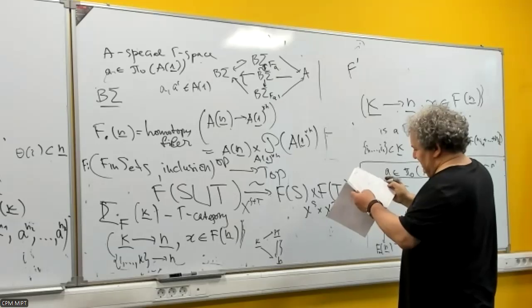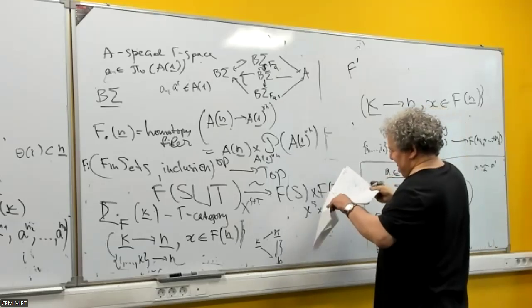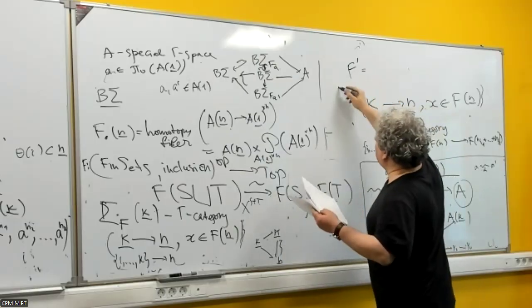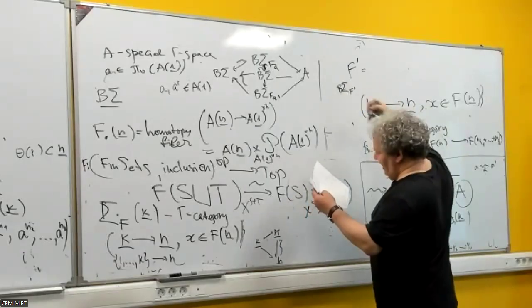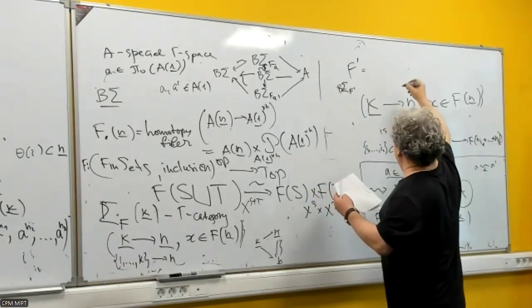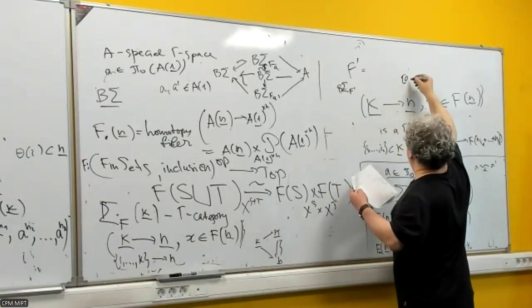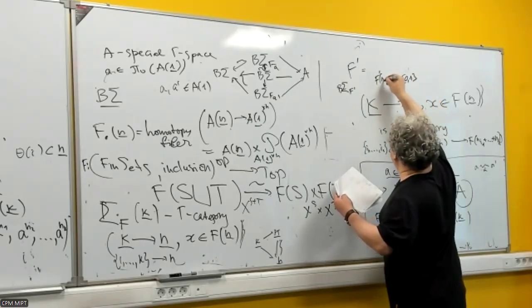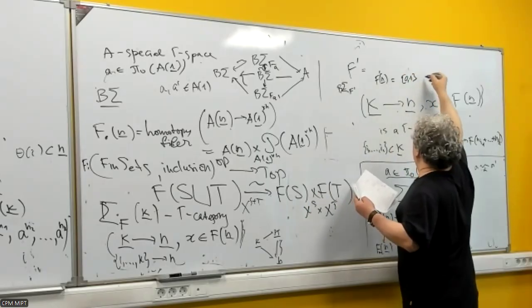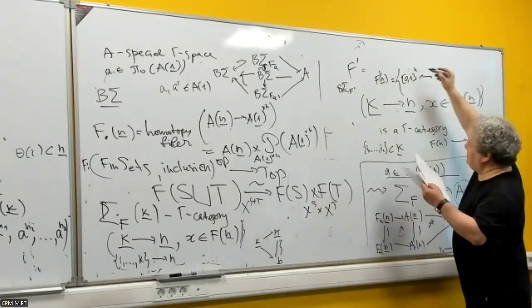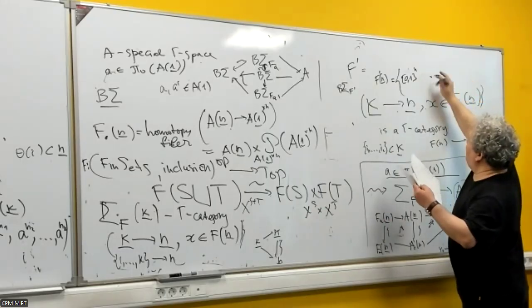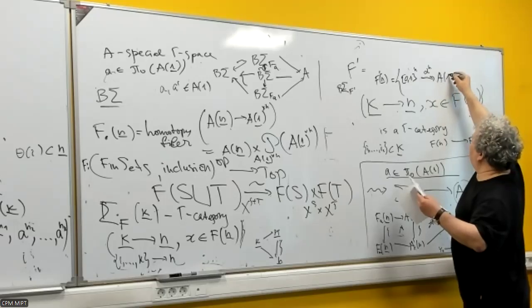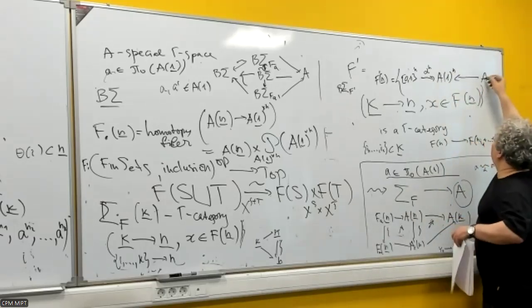For this B sigma I consider the same category B sigma F prime, where F prime is the homotopical pullback of this diagram, where here it's n, here it's alpha to the power n, a1 to the power n, and here it's a of n.